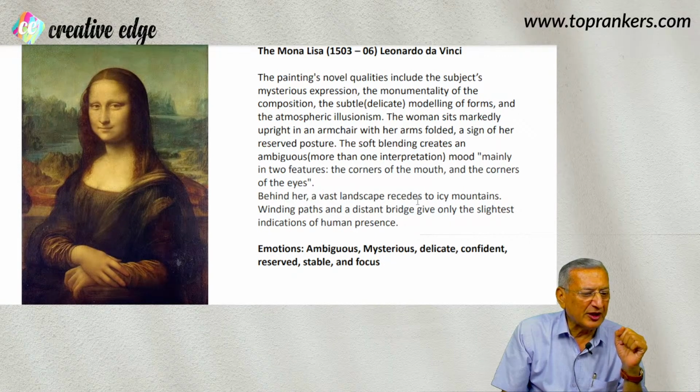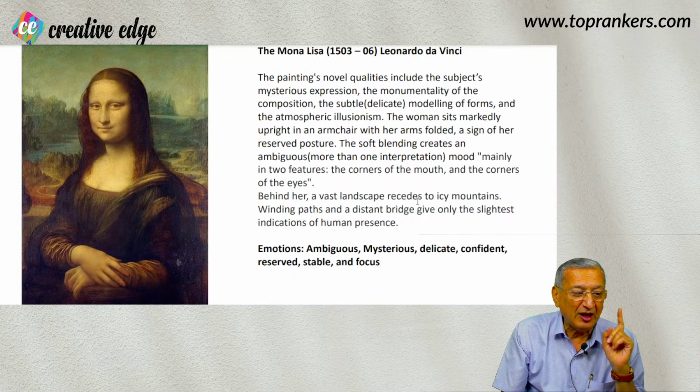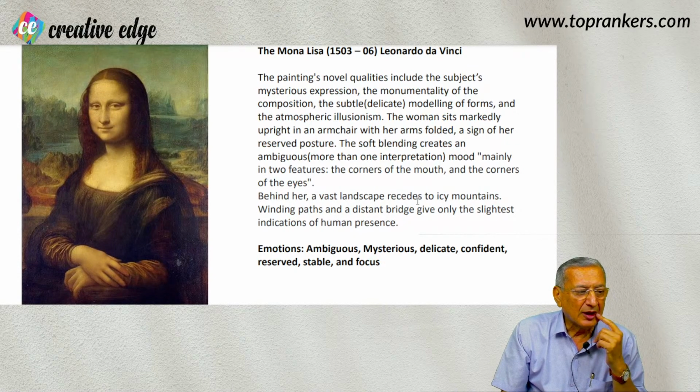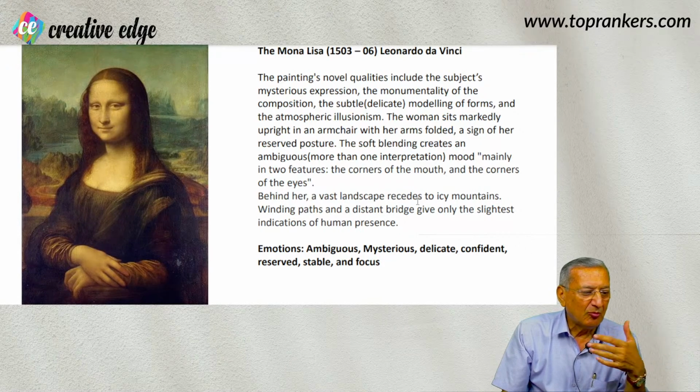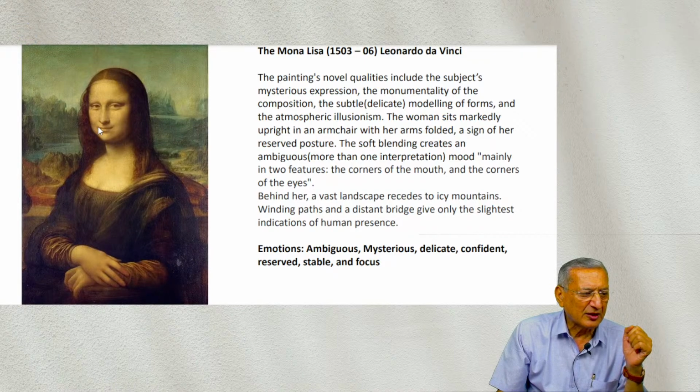The soft blending creates an ambiguous, more than one interpretation mode, mainly in two features. The corners of her lips, it's rather mouth written here, and the corners of her eyes. Now, can you see that? If you can see my cursor moving onto it, you can see that.